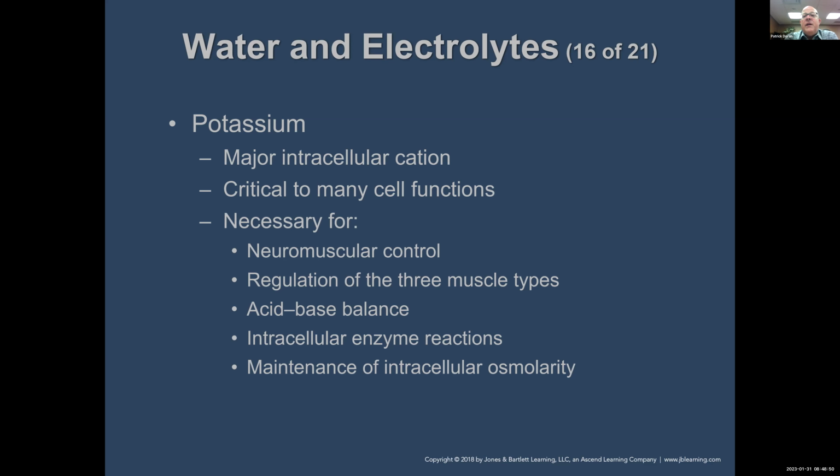The potassium moving in and out of the cells of those muscles causes them to contract and then relax. Also helps, of course, with acid base, and helps with intracellular osmolarity, because if a positive K potassium moves out, another positive has to move in, and a lot of times that's sodium.